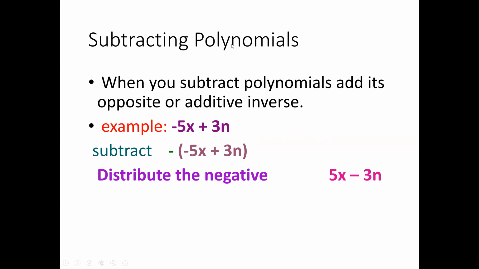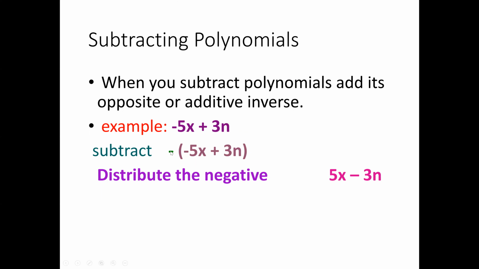Next example, let's subtract the polynomials. For example, if I have minus 5x plus 3n, I can put this value in the parentheses and bring minus outside. So I'll say minus (5x plus 3n). If I'm subtracting, what will happen is that I'm going to subtract the negative.